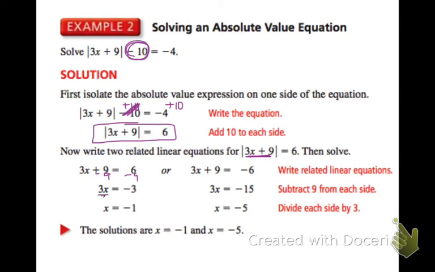Divide by 3, and we'll get x is equal to negative 1. Or you do the same process over here, and then divide by 3, and get x is equal to negative 5. So the solutions are x is equal to negative 1 and x is equal to negative 5, and that would give us a true absolute value that is equal to 6.